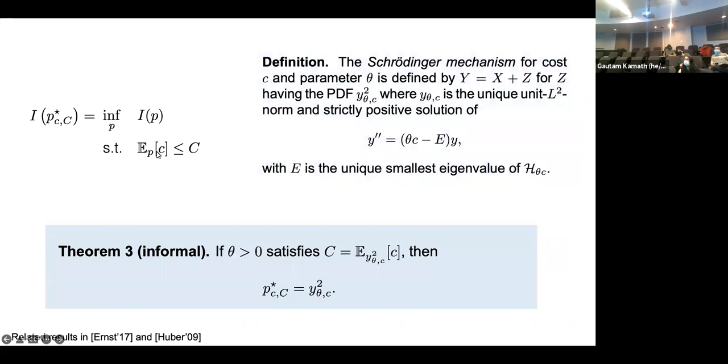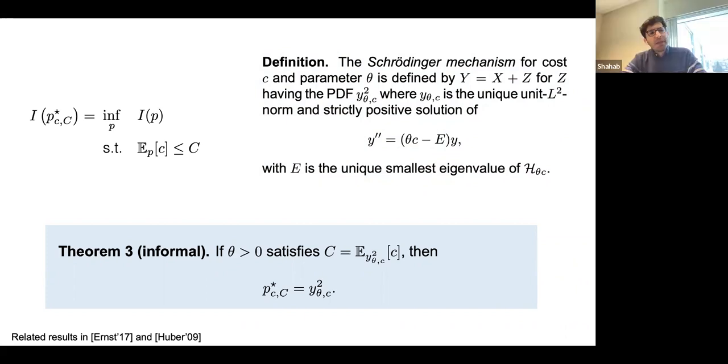Is it obvious how these two are connected? I see the goal you're trying to solve, and then you have the Schrödinger operator, but I don't see how one connects to the other. Maybe you said it and I missed it. Honestly, I don't know. We started with the quadratic cost function, and then we solved it.